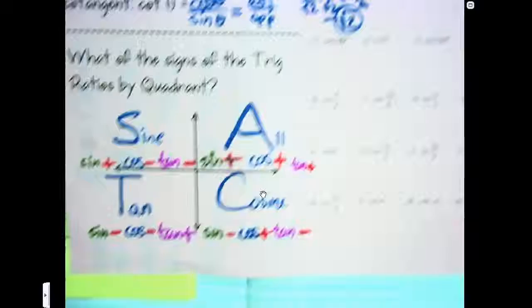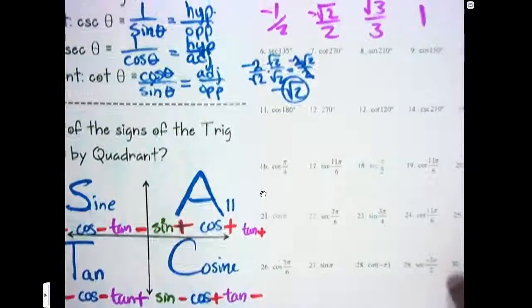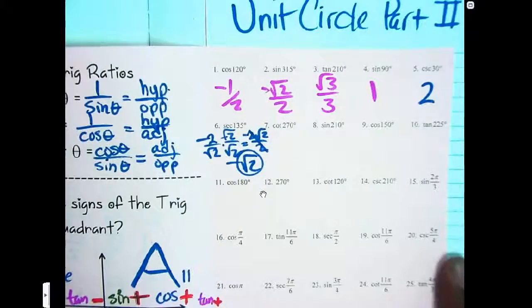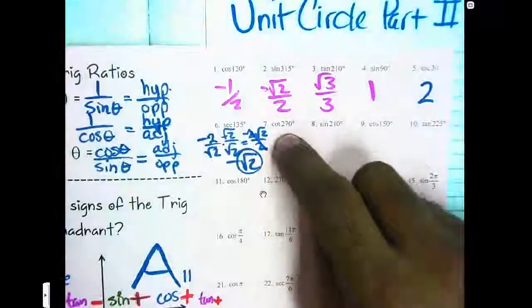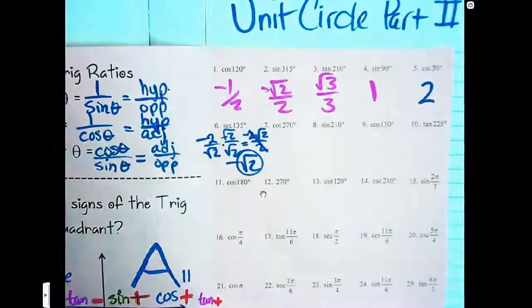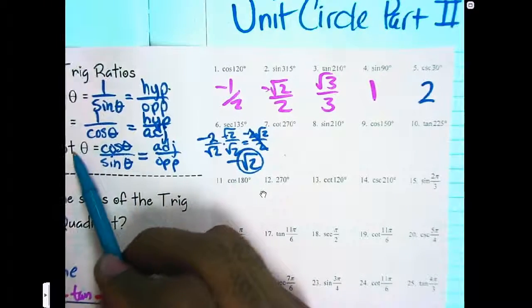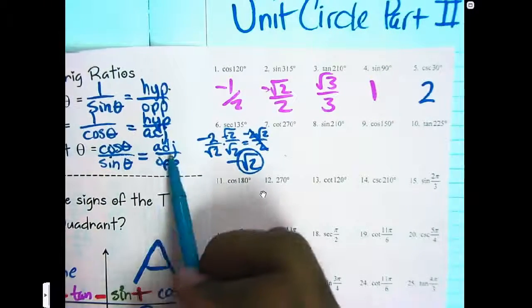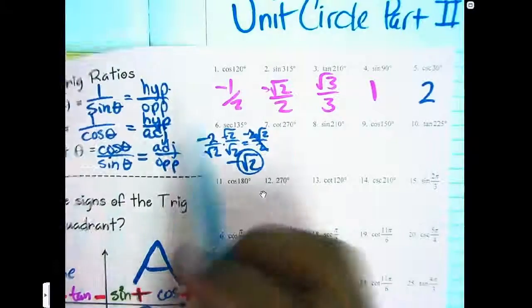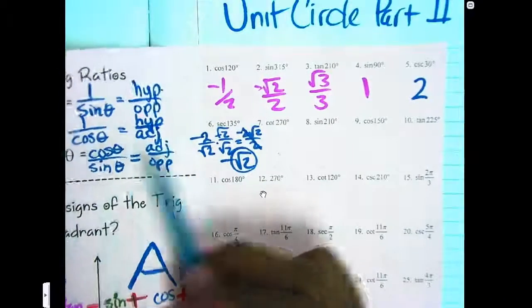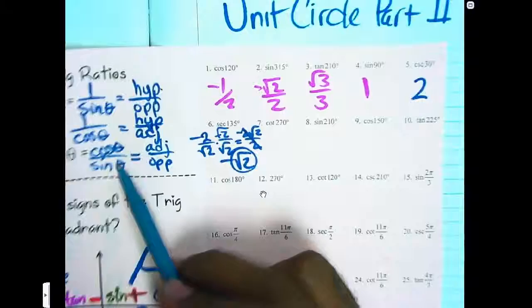All right? So now let's figure out, how do we figure out the rest of these? Well, first of all, cotangent of 210. Well, cotangent is, again, tangent flipped, adjacent over opposite. And adjacent members are cosine, opposites are sine.